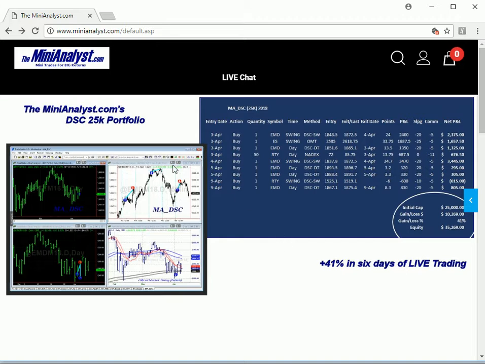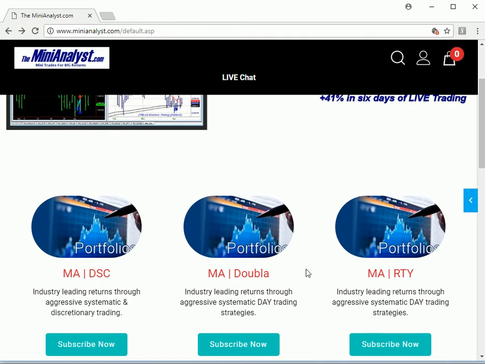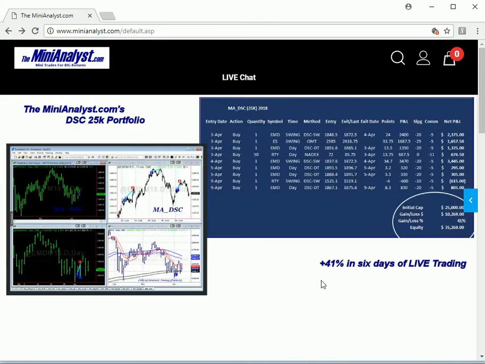On the home page, this is the DSC portfolio. We'll talk about that in a second. That's just been amazing. But we do have the MADSC right here, the MA doubler, and the Marty. We're going to look at all that in a second, but those are the three portfolios we're offering on a soft launch.